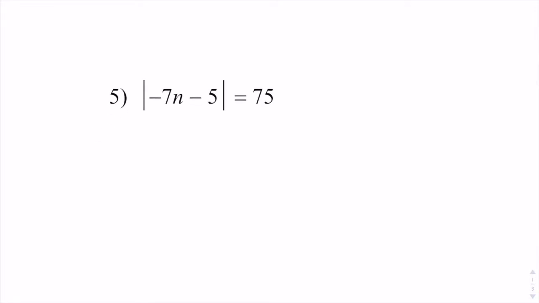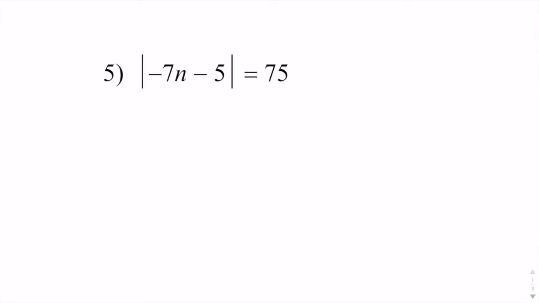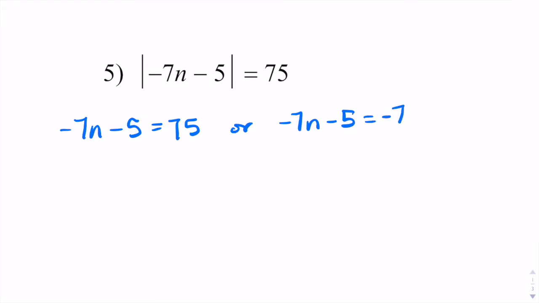Now for number 5, we'll do the exact same thing. So again, we would plug in negative 7n minus 5 is equal to 75, or negative 7n minus 5 is equal to negative 75.